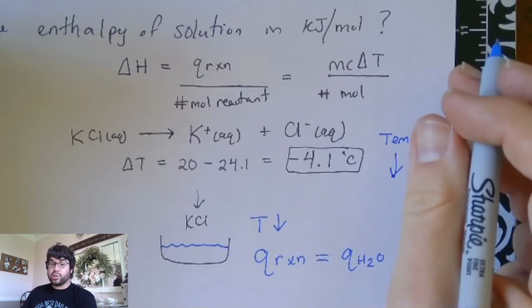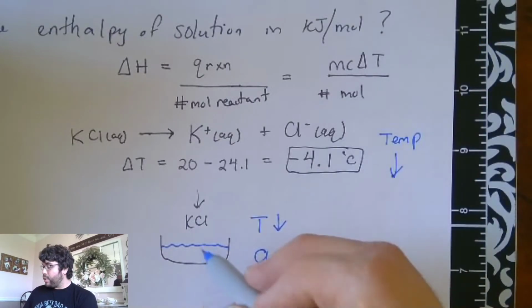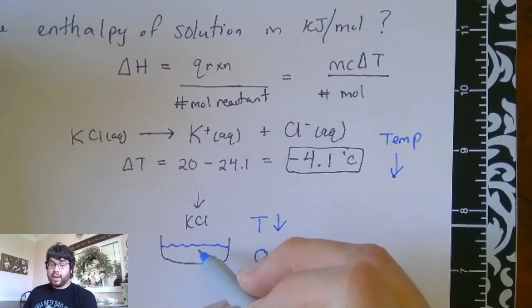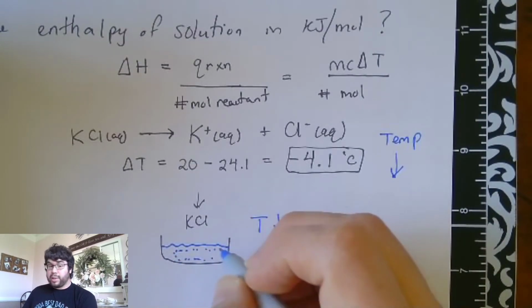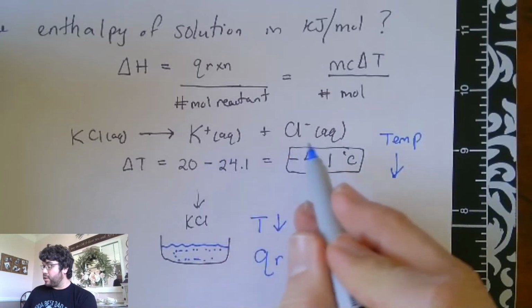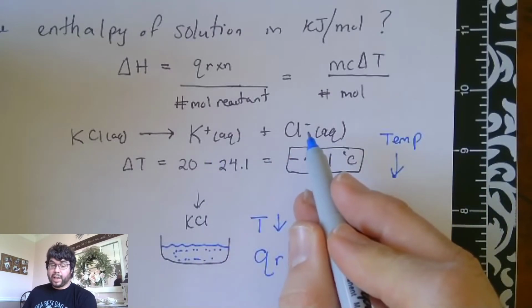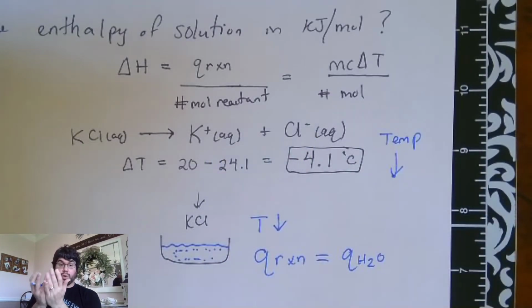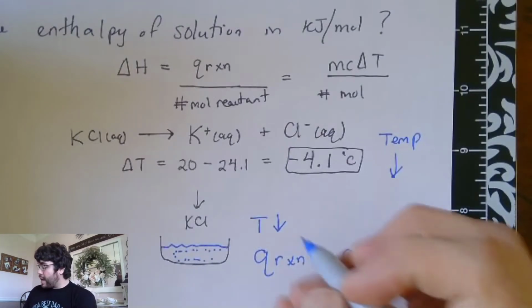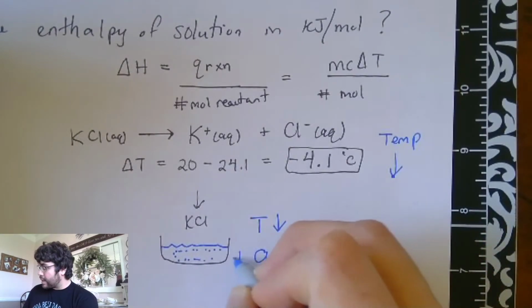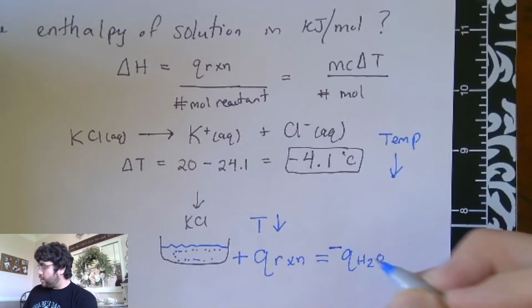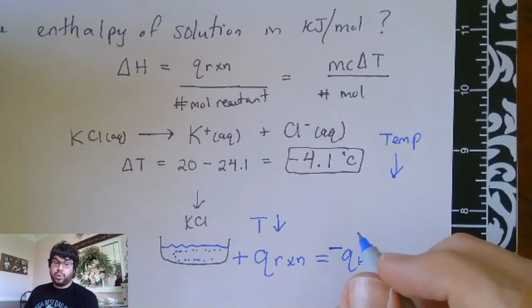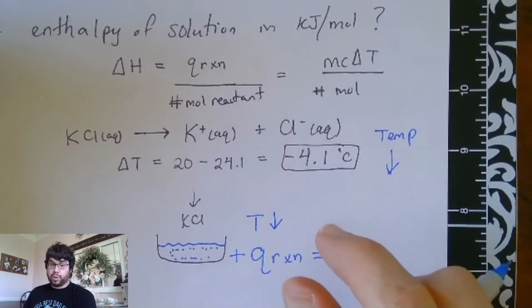So that means that when the salt dissolves, energy in the water molecules is going to be given to the potassium and the chloride ions. And so in my hands, this will feel cold. So the reaction, the dissolving process, is endothermic, and the water giving heat to the ions is exothermic.